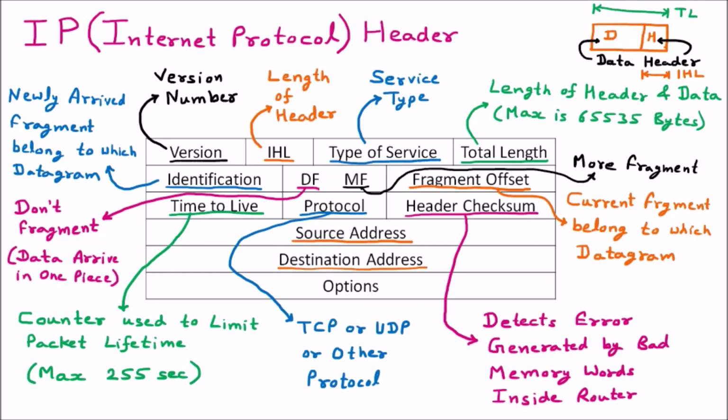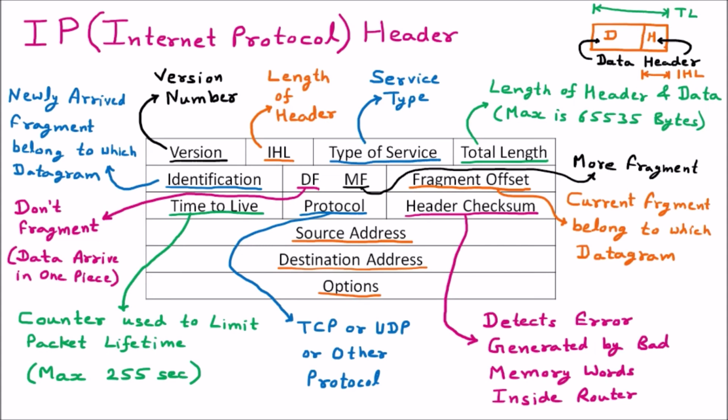Afterward we have the options. This is space reserved so that any other field can be added if it is required. So there is the IP header, and we can see that whenever data is sent, a header is attached to every packet.